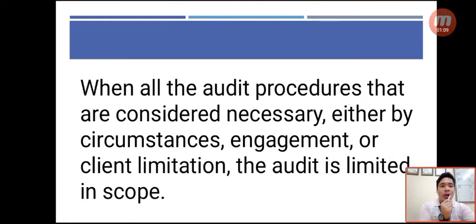Next, when all the audit procedures that are considered necessary either by circumstances, engagement, or client limitation, the audit is limited in the scope. So, under po ng scope and limitation is yung tinatawag nating respondent. So, ano nga ba yung respondent? The student respondent, sila yung magsasagot ng inyong research questionnaire.